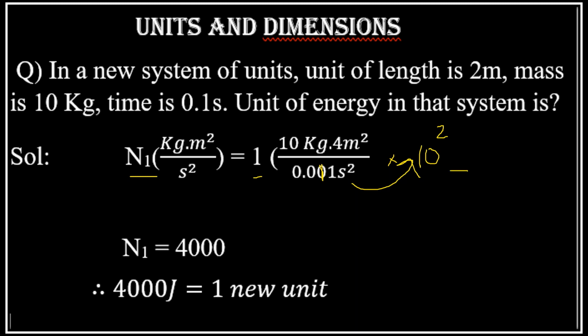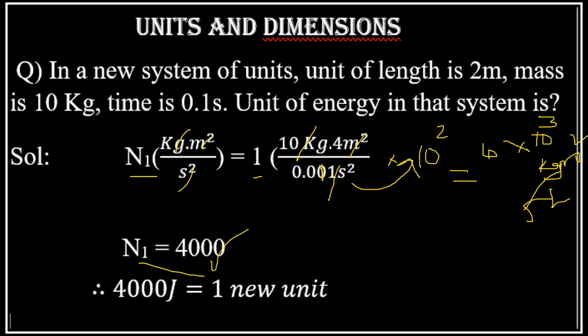That means it equals 4 into 10 cube, and you should write the units kg meter square by s square. As they ask for the new system of units, n1 equals 4000. All the kg, meter square, s square terms cancel. Finally, n1 equals 4000 remains. So in 1 unit, the energy is represented by 4000 joules. This is the final answer and this is the explanation for this question.